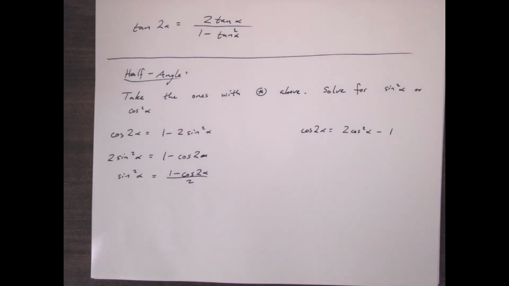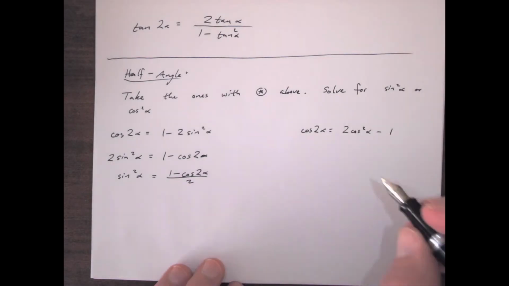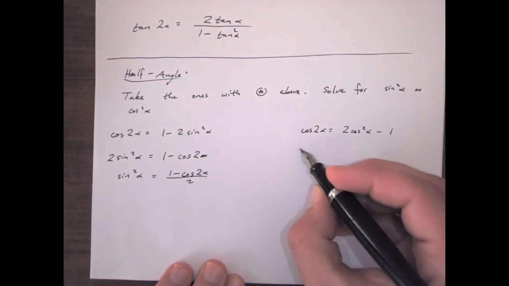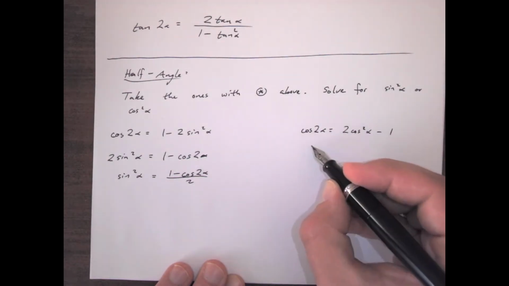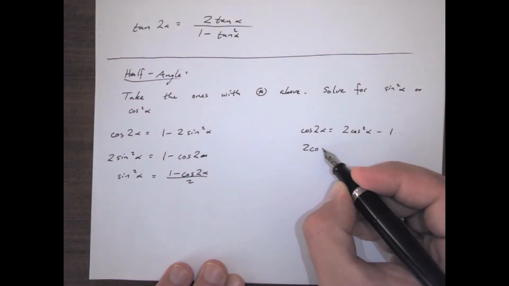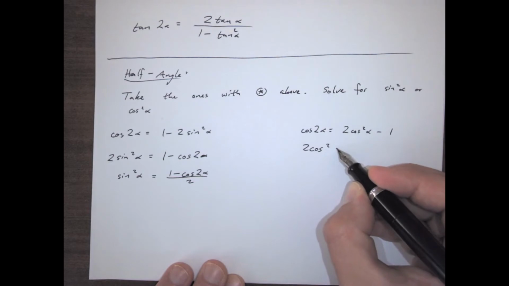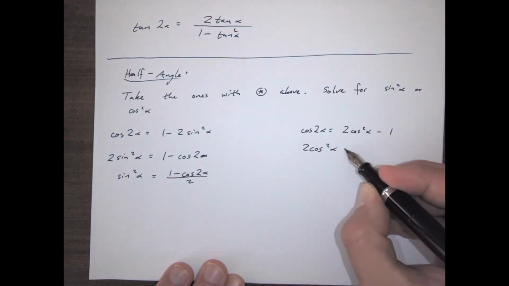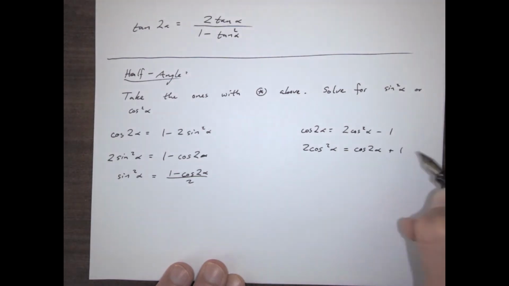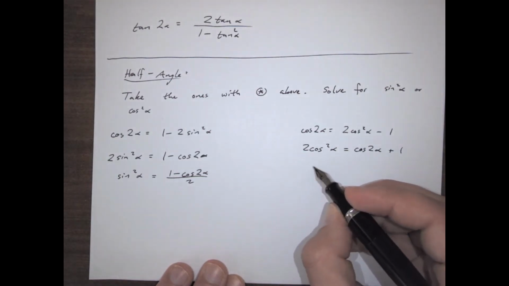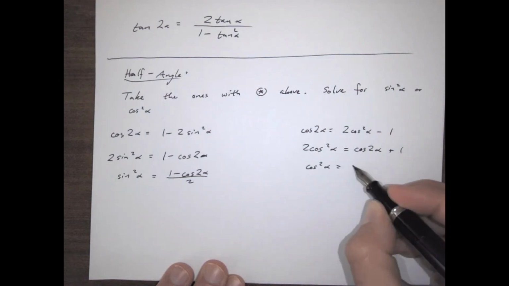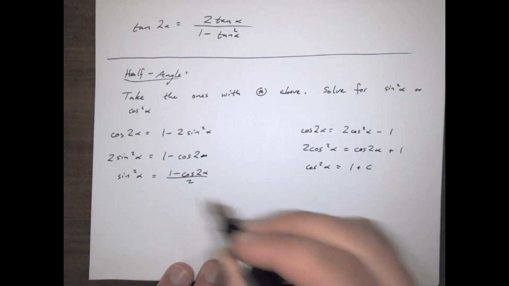And then on the other hand, I can take this one over here and add 1 to both sides. I'm going to write the cosine squared on the left since that's the one I'm solving for. Add 1 to both sides, and then divide by 2. Usually this would be written with the 1 first, just so it matches the same pattern.